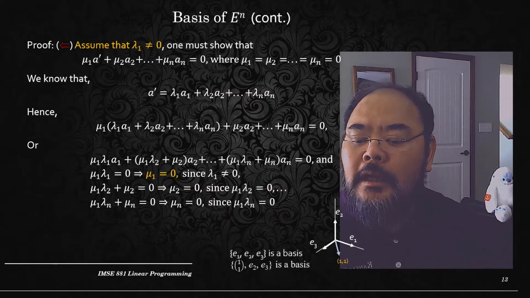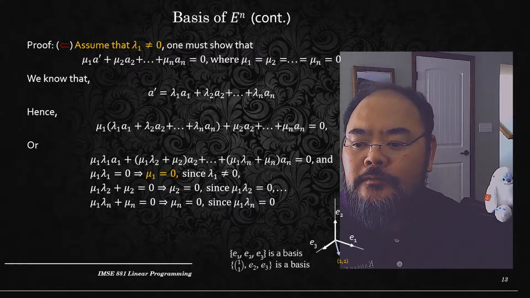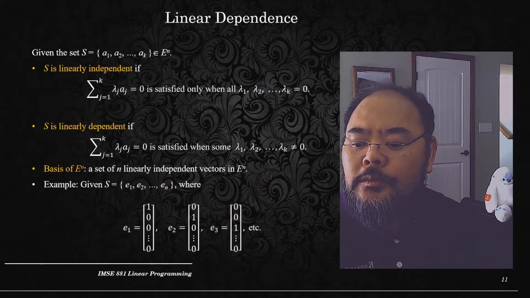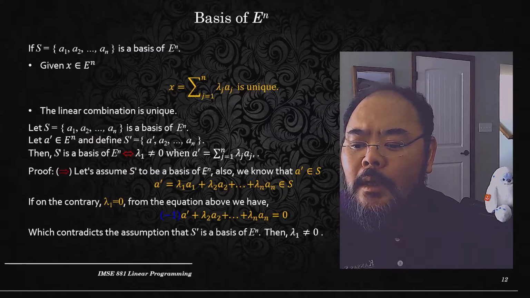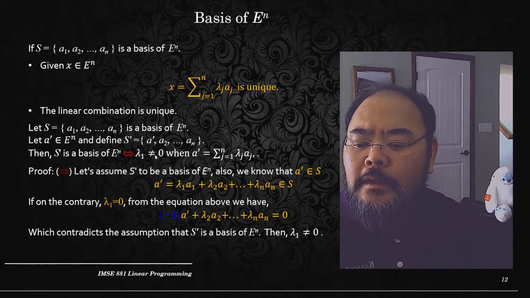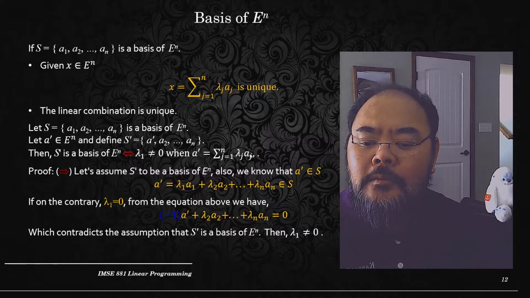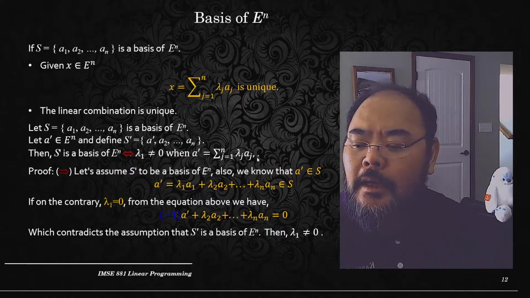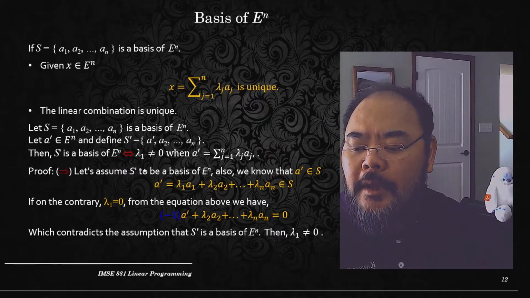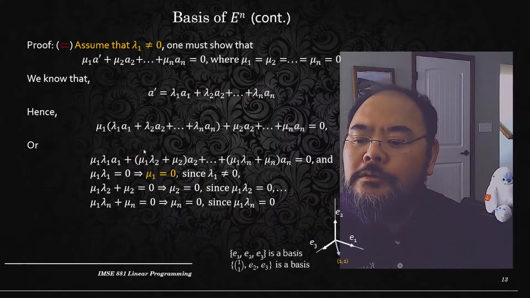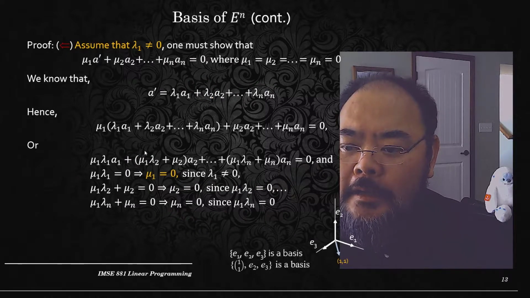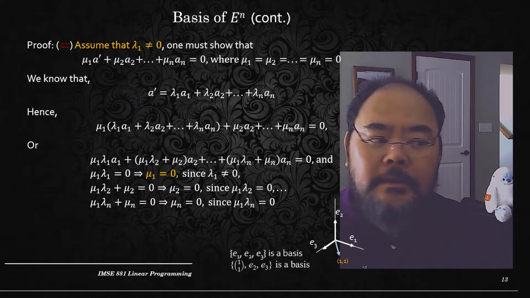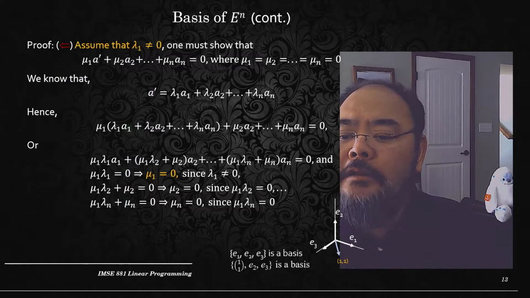In the next slide, we're going to prove the other direction, which means if lambda 1 is not equal to 0 in the representation of A prime using A1 to An, then S prime is a basis. So for the reverse direction proof, we assume that lambda 1 is not 0.